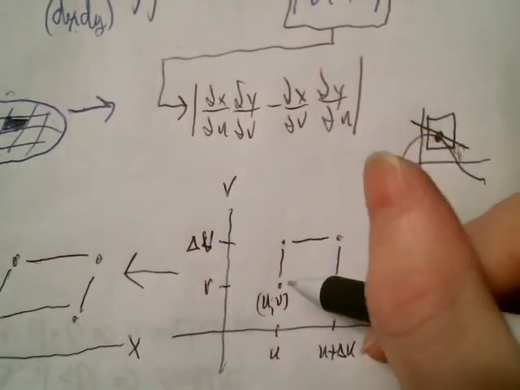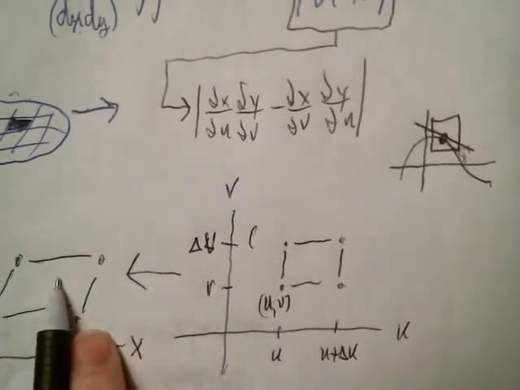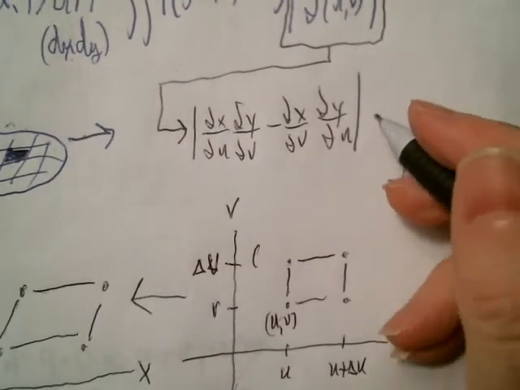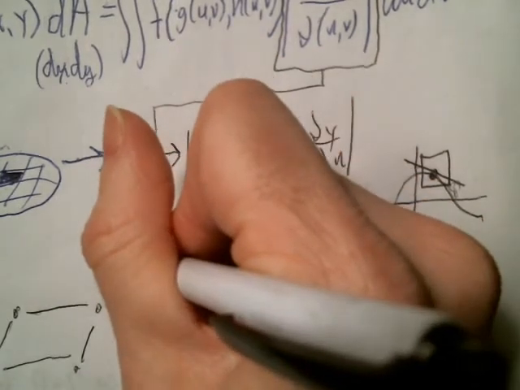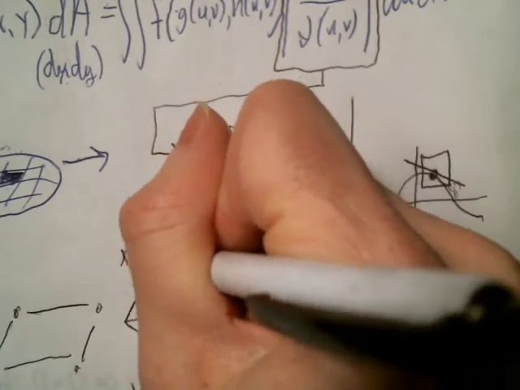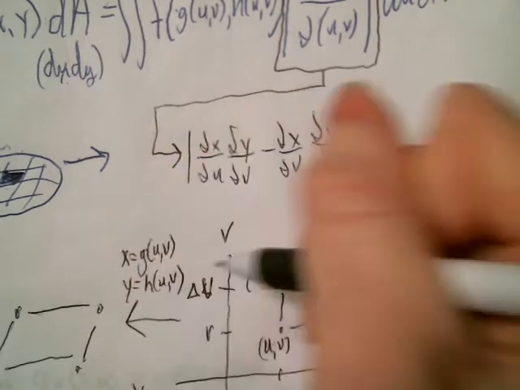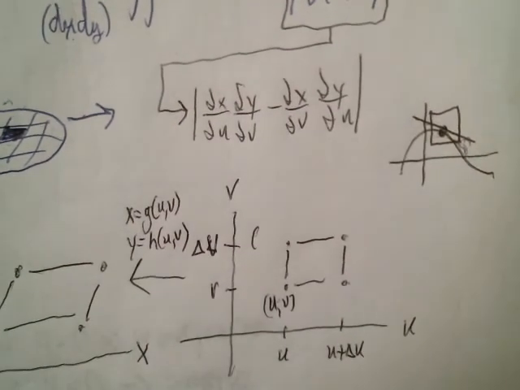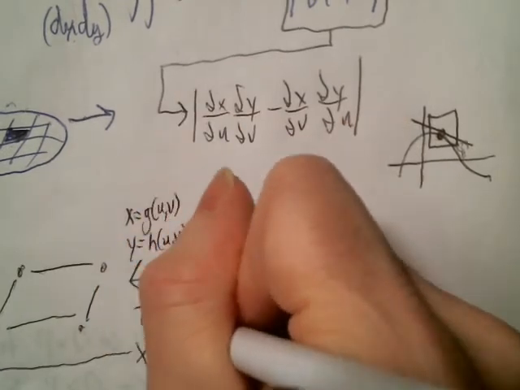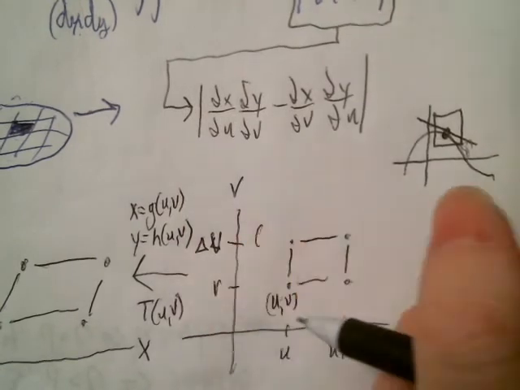Then we need to see what happens as we do this substitution with g(u, v) and h(u, v). So x will end up being g(u, v), and y will end up being h(u, v). The book is calling that transformation T(u, v), which equals (x, y).